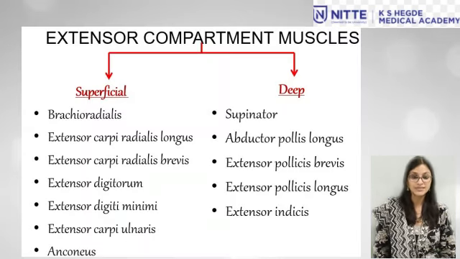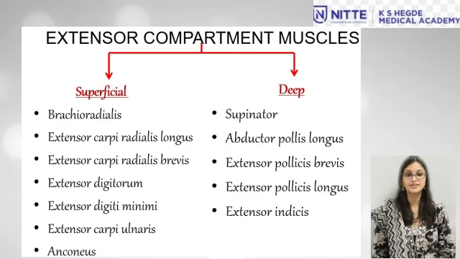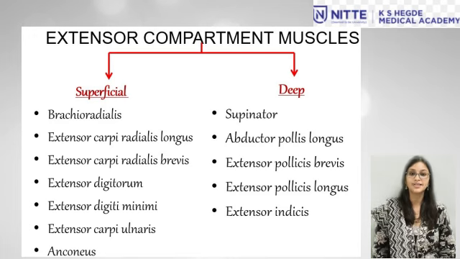The extensor muscles are grouped into two, superficial and deep. The superficial group of muscles consists of brachioradialis, extensor carpi radialis longus and extensor carpi radialis brevis. So these three muscles are present across the lateral border of the forearm.